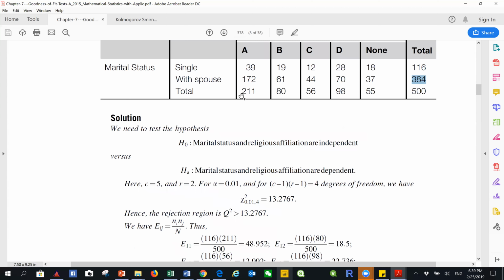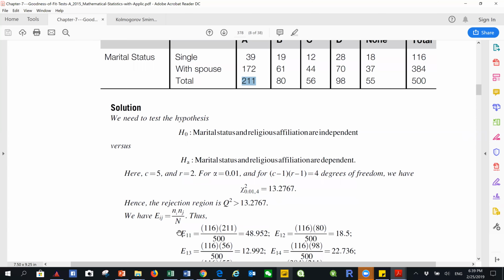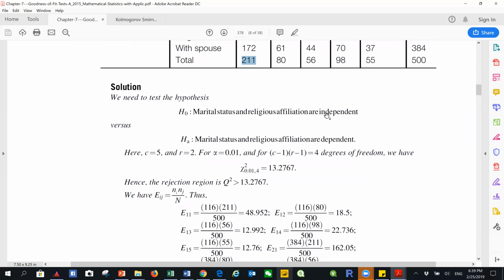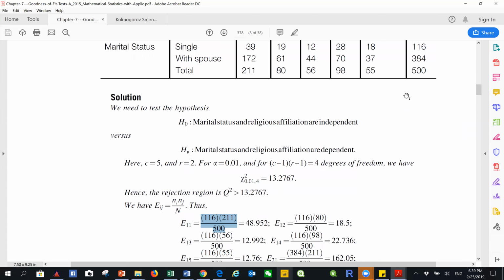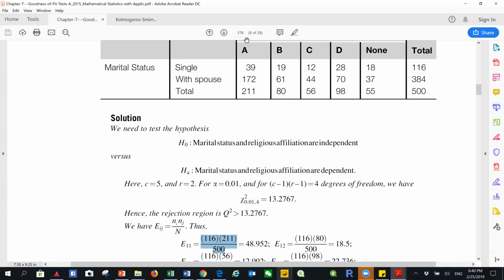Then you multiply that by 211, and you get the expected values respectively. This is what each number in this formula means. 116 divided by 500 is the ratio, the percentage of marital status, single. And then you multiply that by 211 to distribute that into each category.